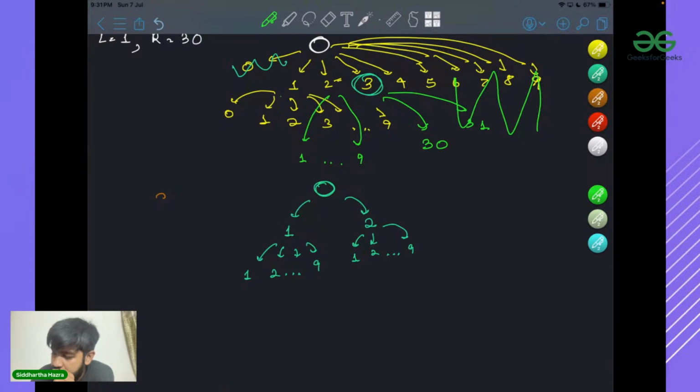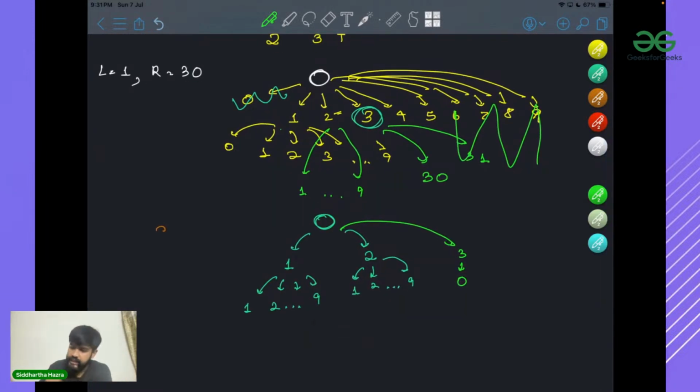Then the next value is 3, and after 3 we can only keep 0, and this is the only value that would be less than 30, from 1 to 30. This is how, if you solve from 1 to 30, the valid tree would look. There is a concept of this, and if you know digit DP, then you would know this.